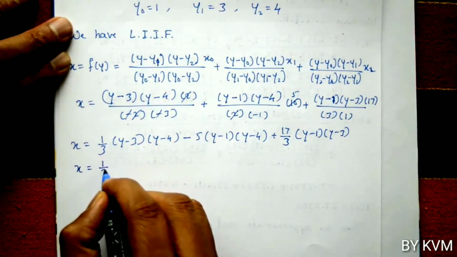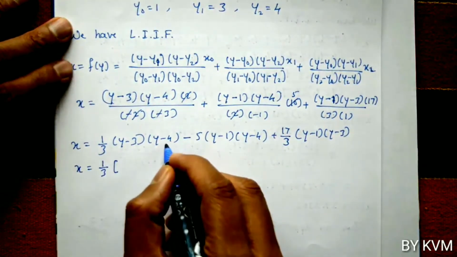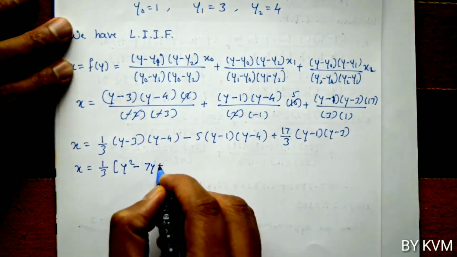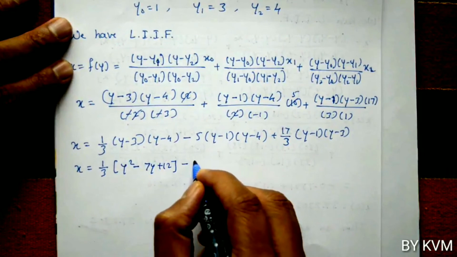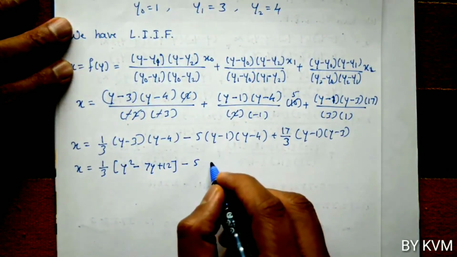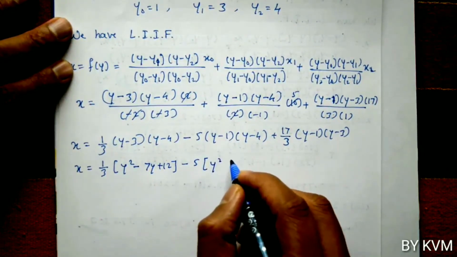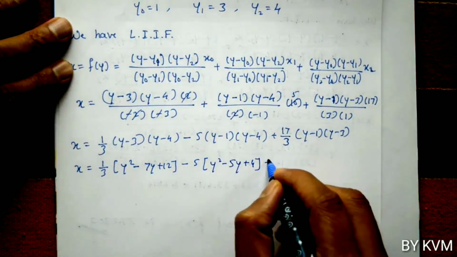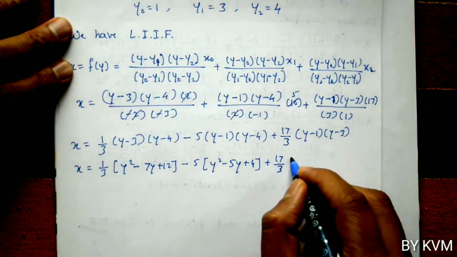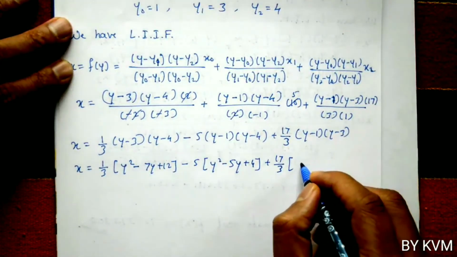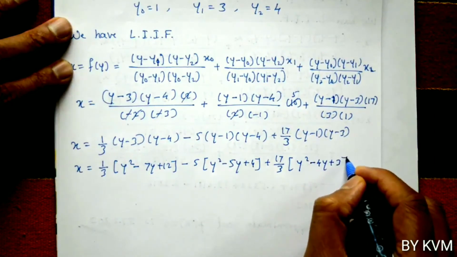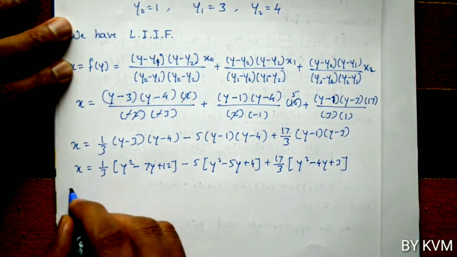So if you take 1 by 3 as common, 1 by 3 into y minus 3 into y minus 4, that is y square minus 7y plus 12, minus 5 of y square minus 5y plus 4, plus 17 by 3 into y square minus 4y plus 3. So you have to simplify further.